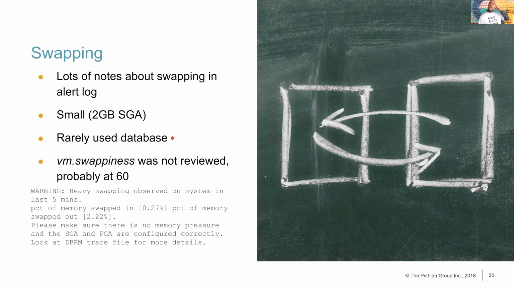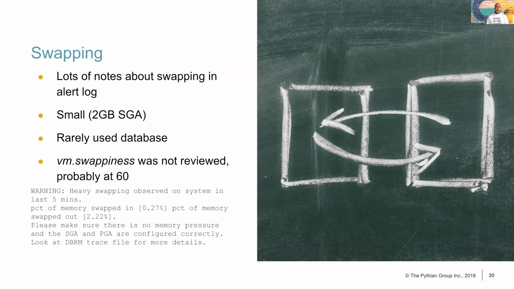Swapping. See, this is something funny that happens. Remember I mentioned that HugePages are not swapped to disk. So this system was a very small system with a 2 gigabyte SGA. The database was not really very much used, only a few days a month for some reporting.